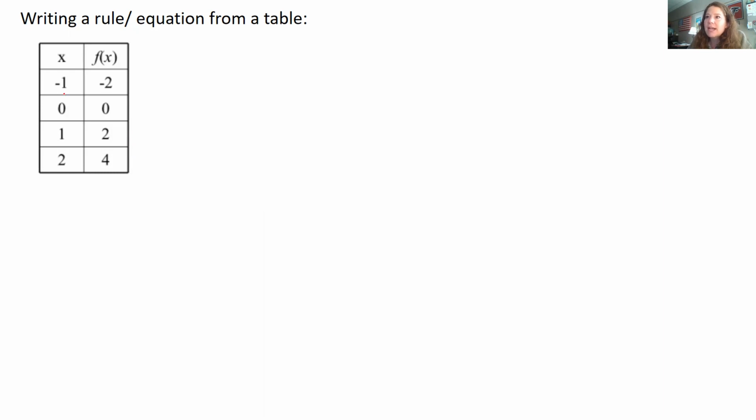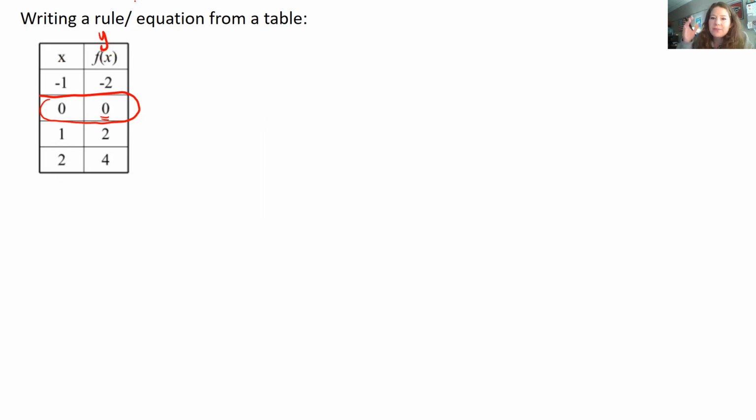Now, when they give you the x value of 0, they make it pretty easy on you because we know our y-intercept is what y is when x is 0. Anytime you see x and then f of x, you can think of that as a y. They're kind of interchangeable.